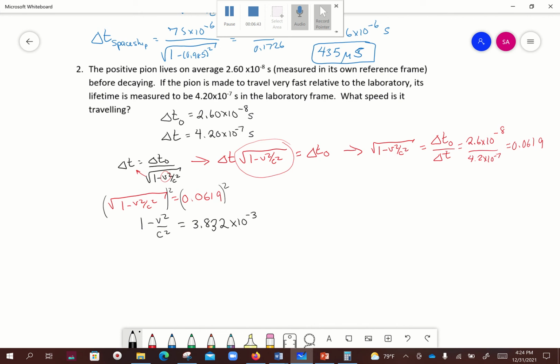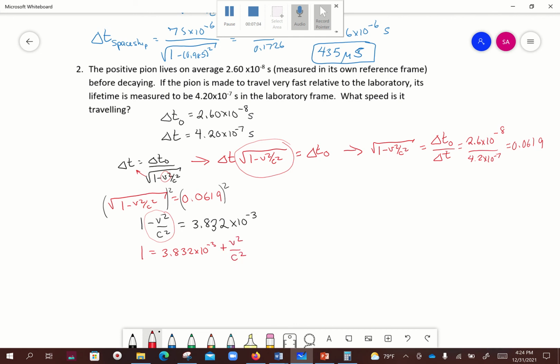Okay, now I want to get this term by itself. So what I can do is add v squared over c squared to both sides. Let me do this step by step so you can see all the math. So plus v squared over c squared.